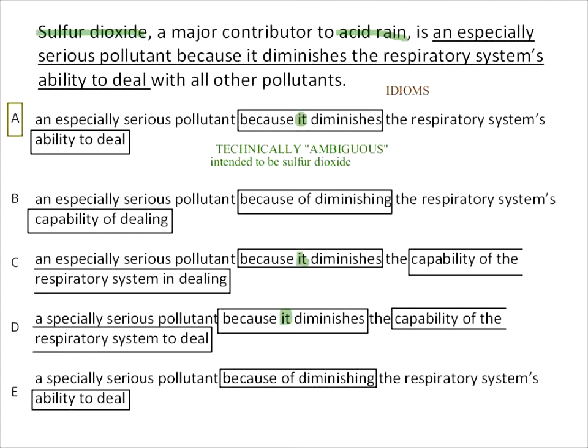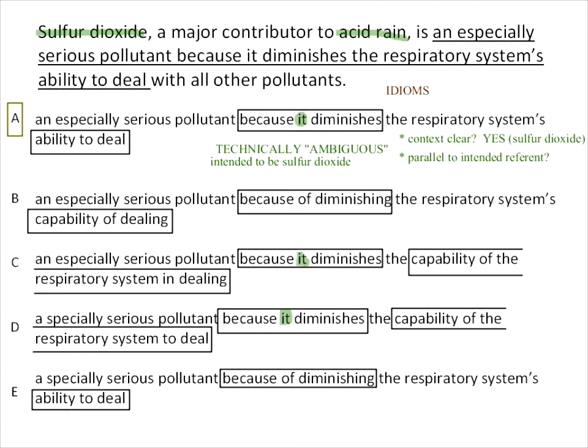I would say yes, because we know it's supposed to be sulfur dioxide. Everybody in the text box that answered this question got that correct. In other words, there's nobody in this room, at least nobody who spoke up, who thinks that it's supposed to be acid rain.